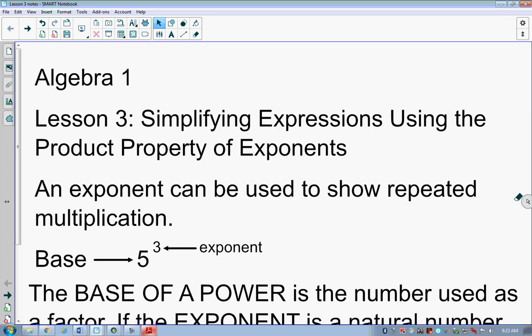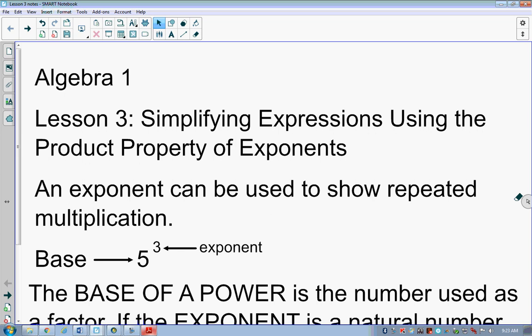An exponent, as we see here, can be repeated multiplication in much the same way that multiplication shows repeated addition. Okay? So it's just a condensed way of looking at multiplication.